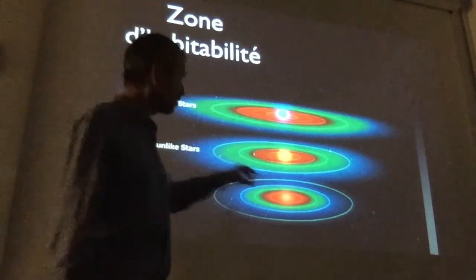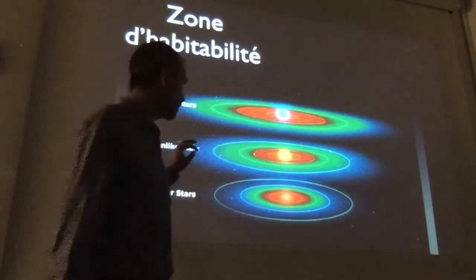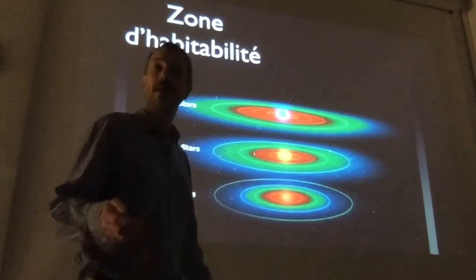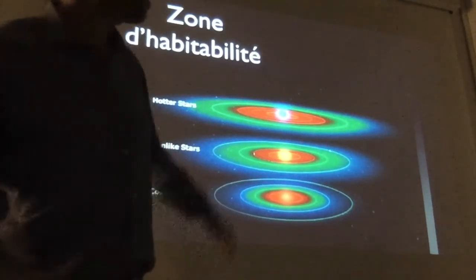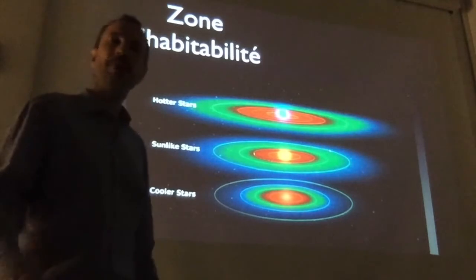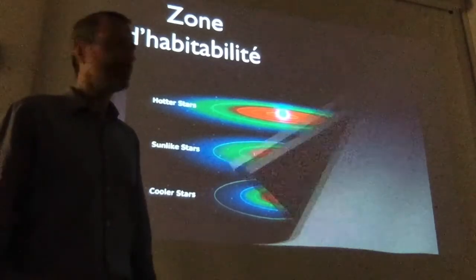But you cannot have only the heat from the star. Okay, so you have to take this into account when you look at the habitability zone around the star.